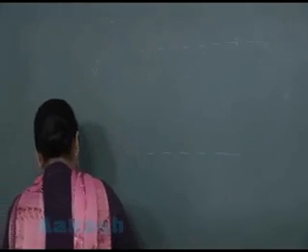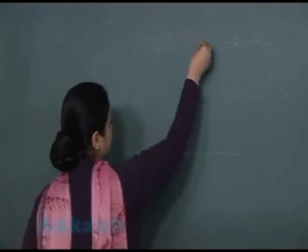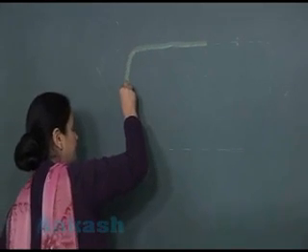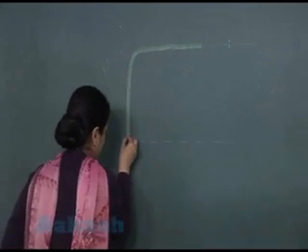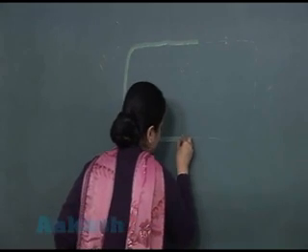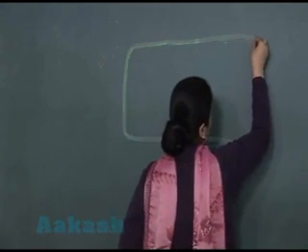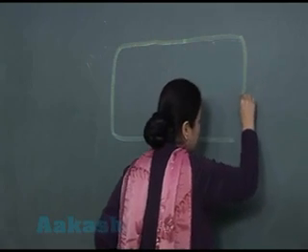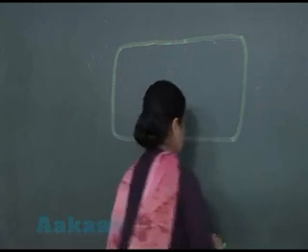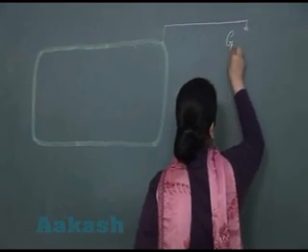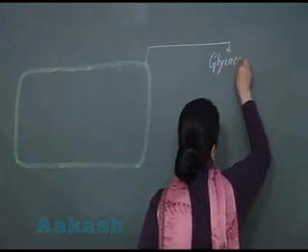So here I am drawing the outermost covering. This outermost covering is known as glycocalyx.